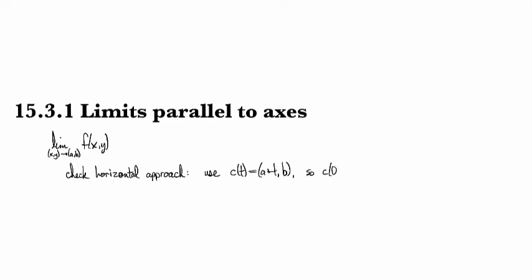So we just saw in the previous unit that if we're looking at the limit as (x,y) tends to some point (a,b) of some function f of (x,y), then if we want to check a horizontal approach, we would use a curve like (a + t, b), so that at time 0 we pass through the point that we're interested in.